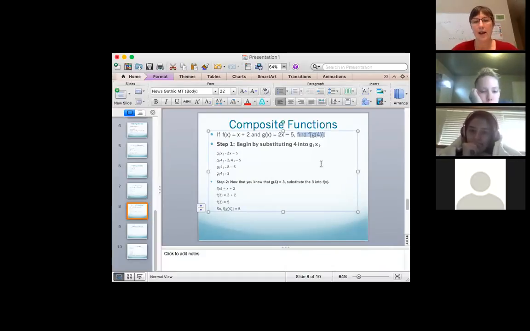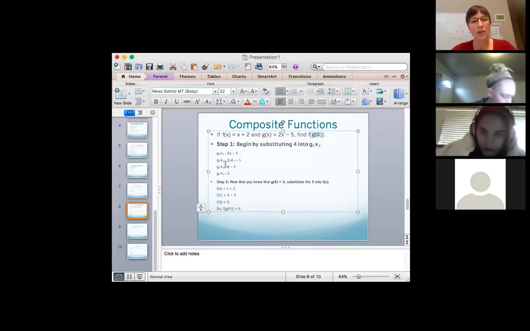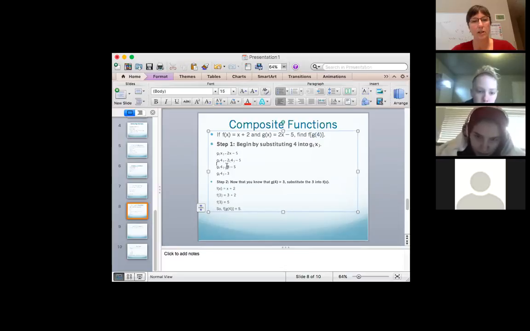Find f of g of 4. So the first thing that you want to do is you're going to take that 4 and you're going to substitute it into the function g. So you can't do anything else before that. So when I substitute 4 in for g, I end up with 8 minus 5.